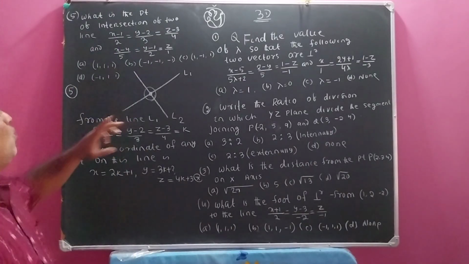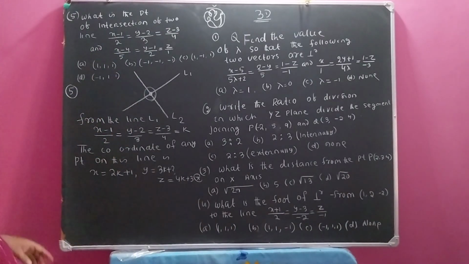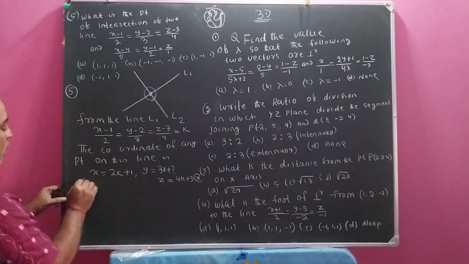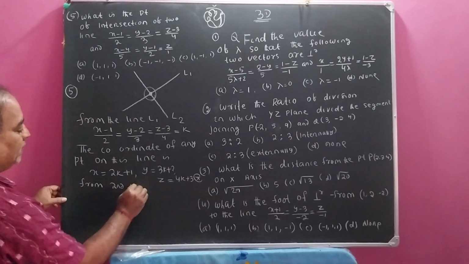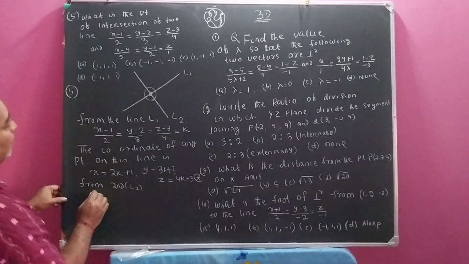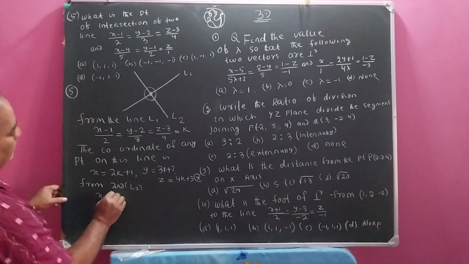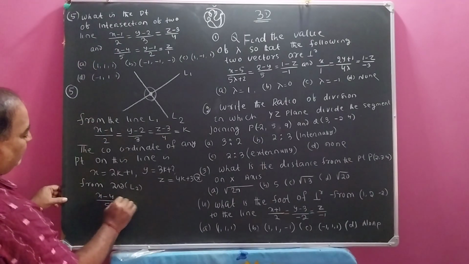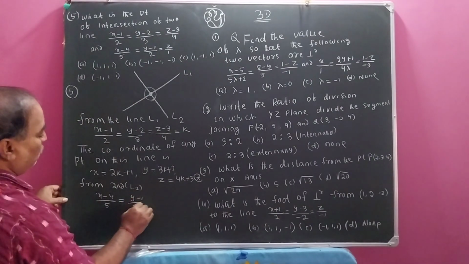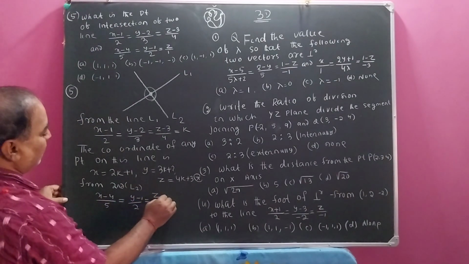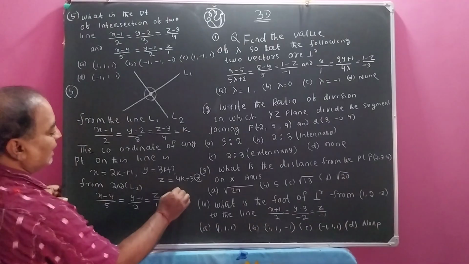Similarly, the coordinate of any point on the second line. From the second line L2, (x minus 4)/5 is equal to (y minus 1)/2 is equal to z/1. Suppose it is lambda.